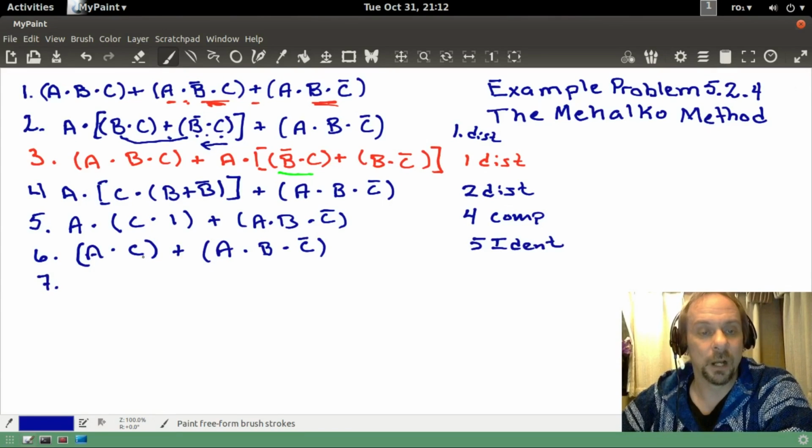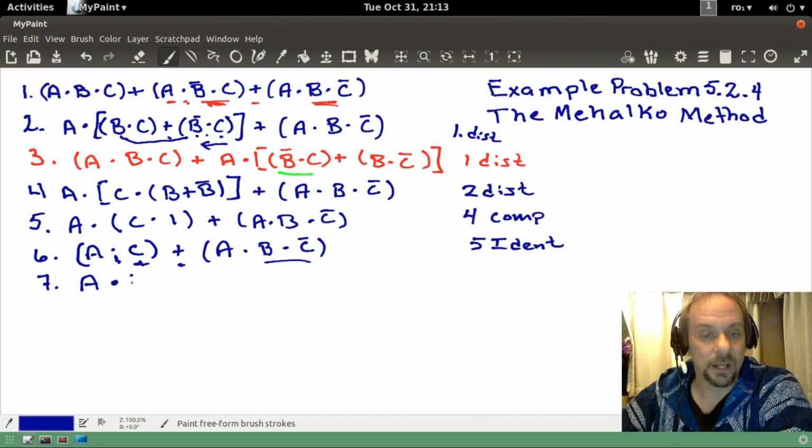Okay. Now I can pull this A out via distribution. So A and our minor sign becomes our major. A and C or B and not C. So our last 2 terms get linked together by our erstwhile major operator.